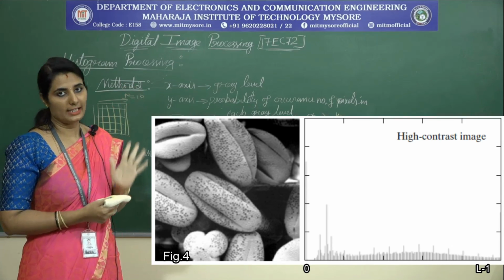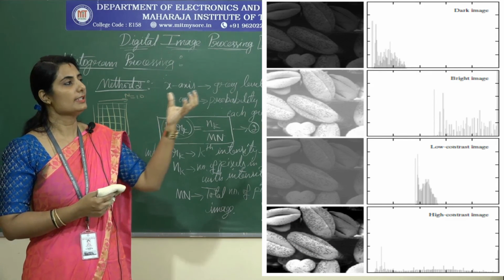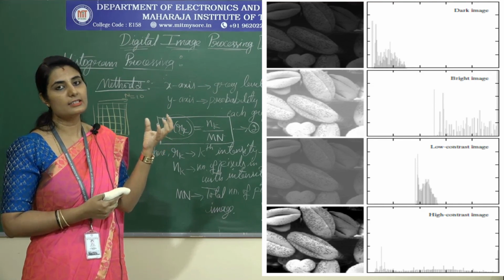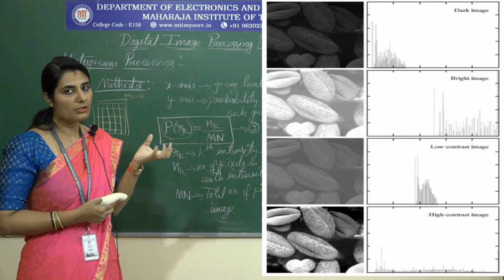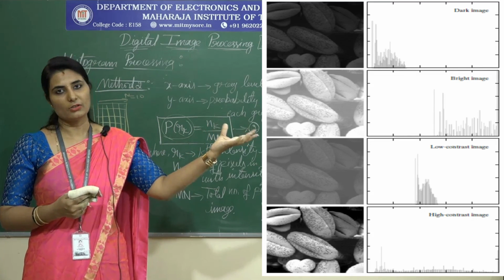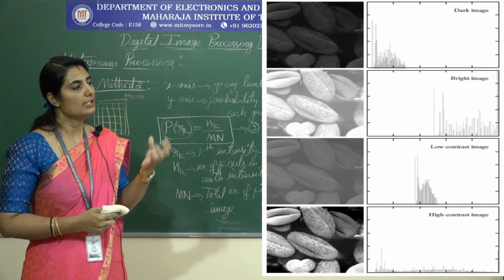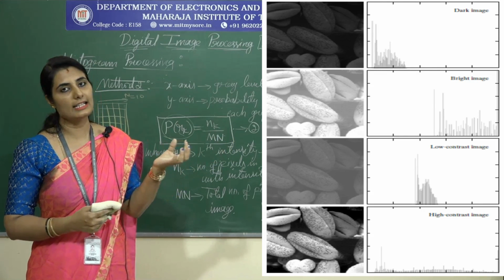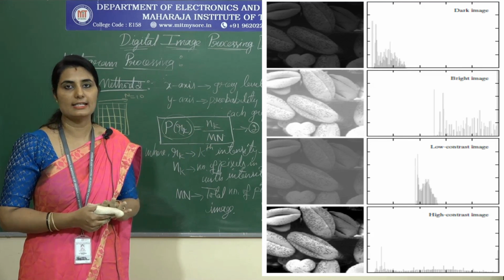Whereas for low quality images, the darker images have histogram plots towards the lower intensity levels, the lighter images have them towards the higher intensity levels, and the low contrast images have them in a narrow intensity range at the center of the graph. Only good quality images have histogram plots varying over the entire intensity range from 0 to L-1, uniformly distributed.